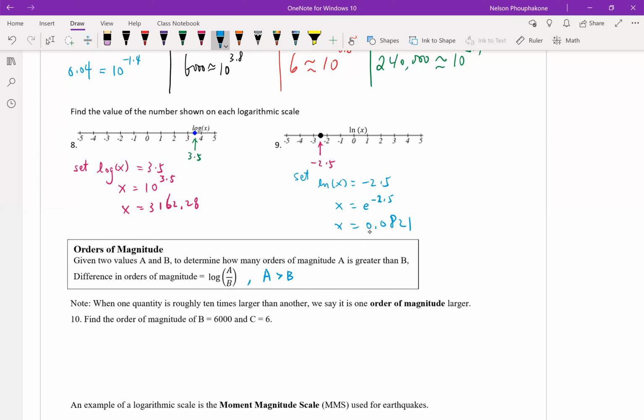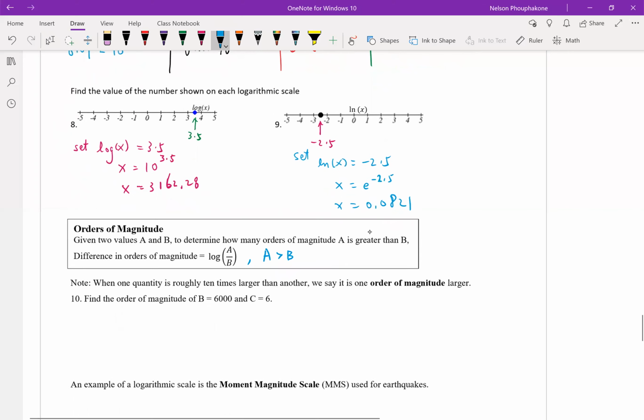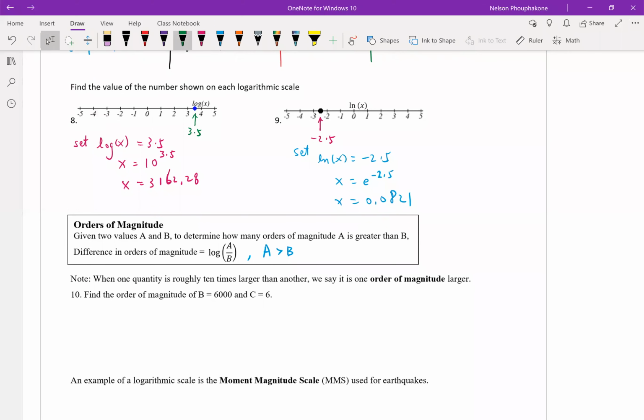Notice when one quantity is roughly 10 times larger than another, we say it is one order of magnitude larger. So what does this mean? Let us look at a simple example.